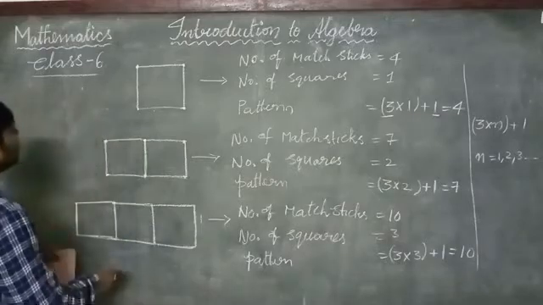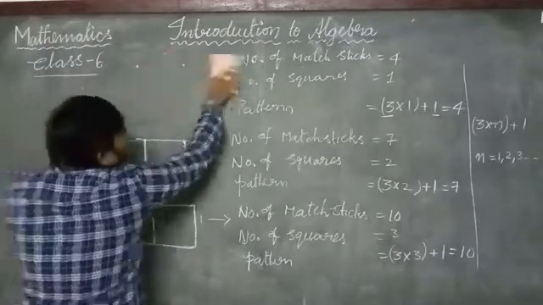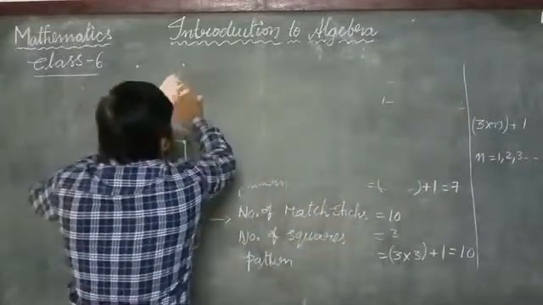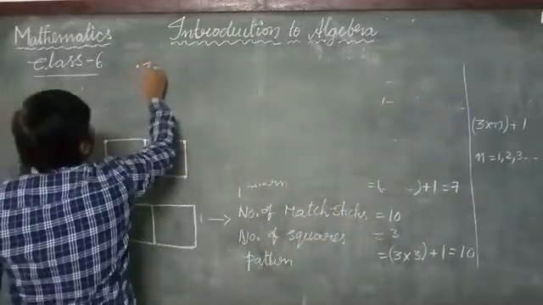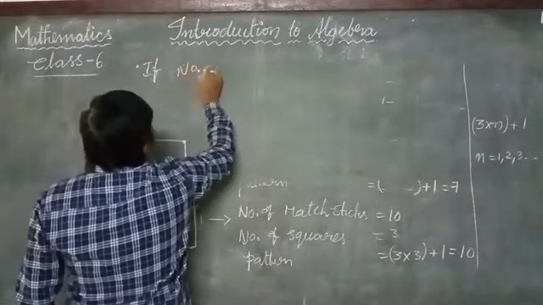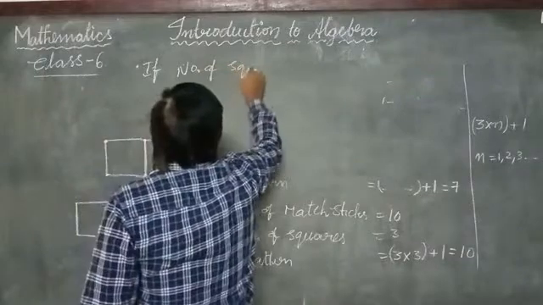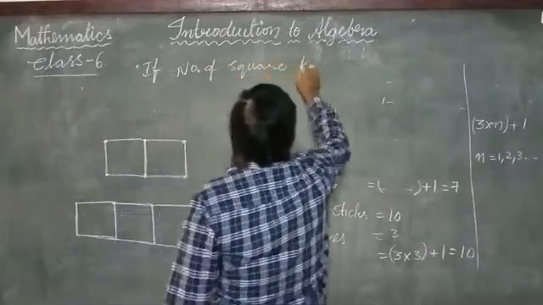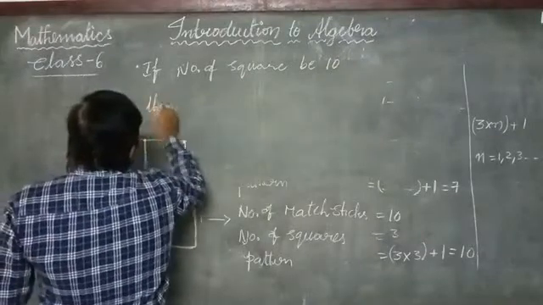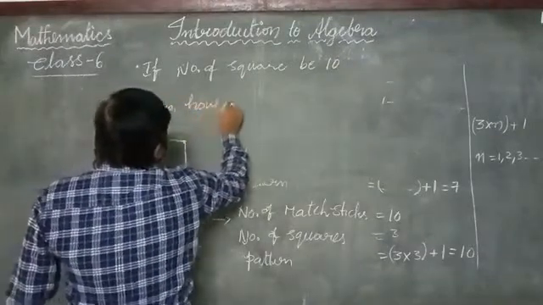Suppose the number of squares be 10, then how many matchsticks are required?